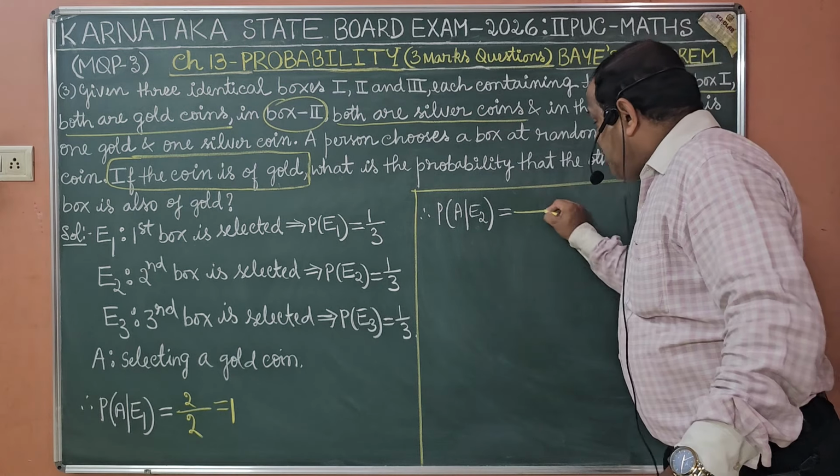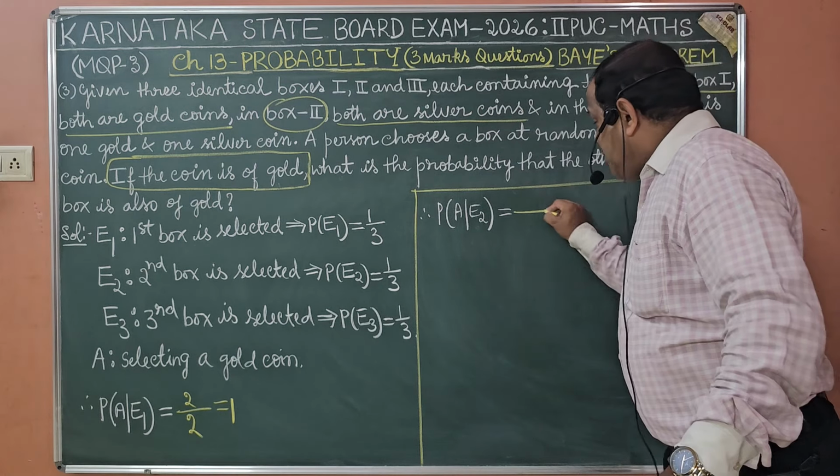But I need a gold coin, and there is no gold coin in the second box. So numerator 0, 0 by 2, 0. Then probability of A given E3: go to the third box. There is 1 gold and 1 silver. So 1 plus 1, 2, denominator 2. In that, 1 gold coin.